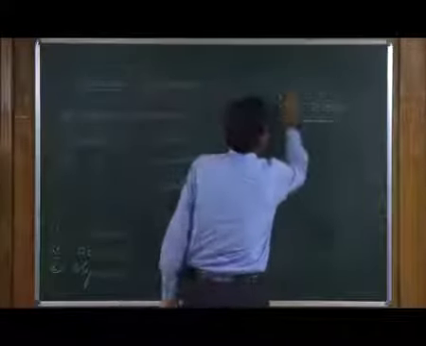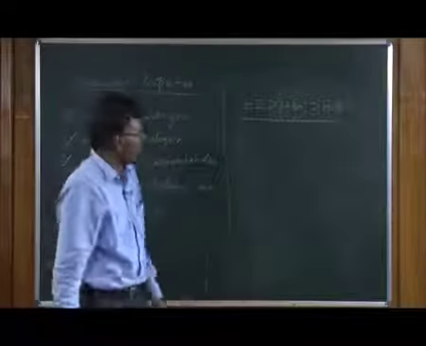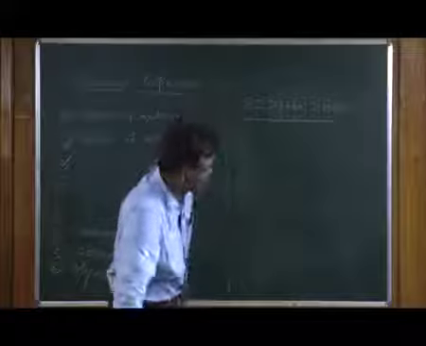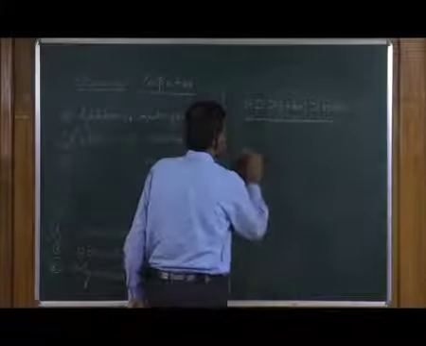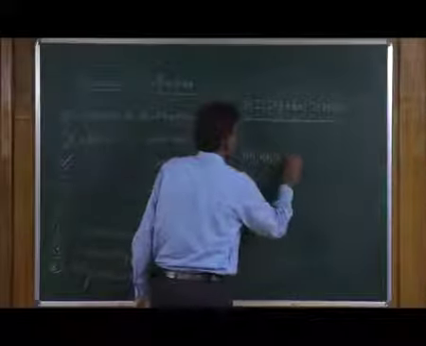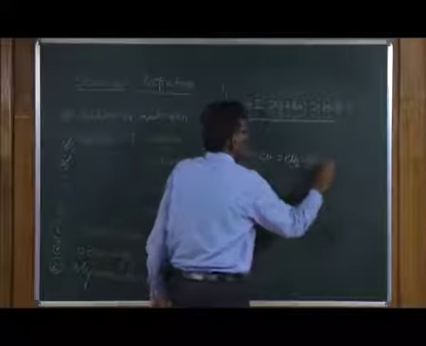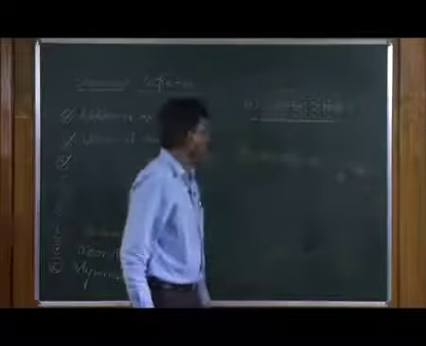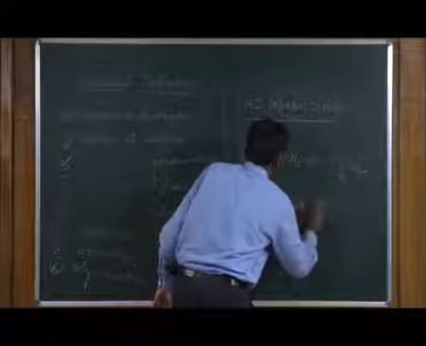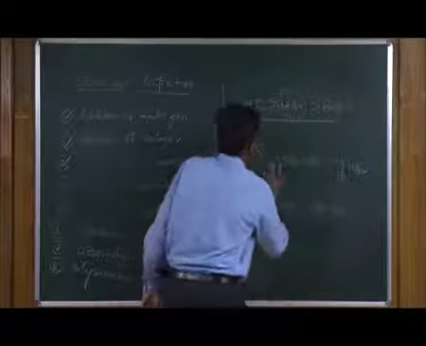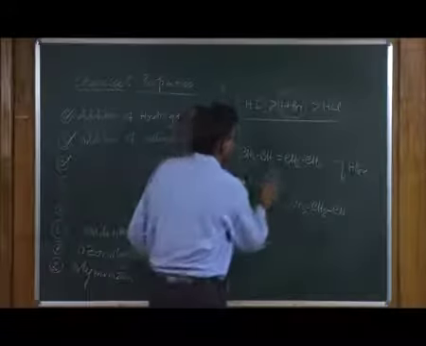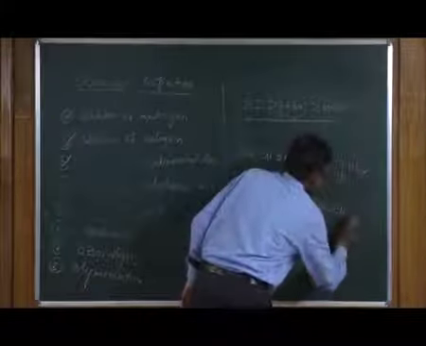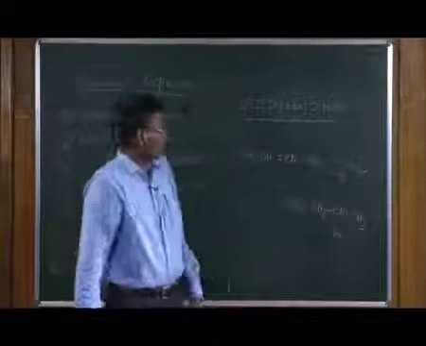Now, let us take HBr. If you react with symmetrical alkenes, you will get 2-bromobutane.